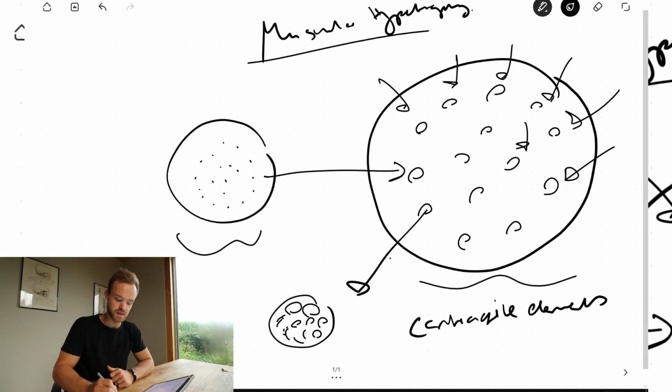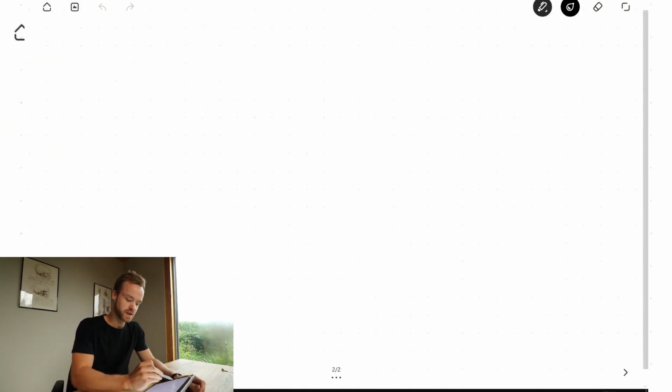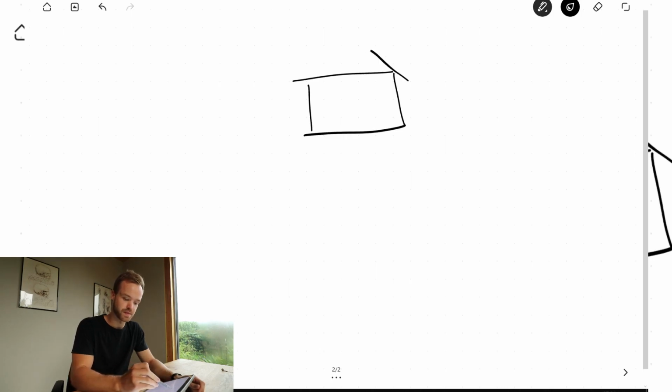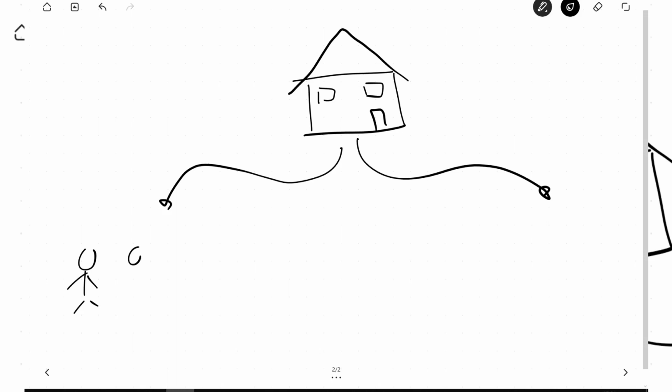Let me explain this with a more straightforward example. Let's imagine you want to build a house. Beautiful house. This is like a kindergarten drawing. And you can go with two construction companies. One construction company has 3 workers who could be working on your construction site building your house.